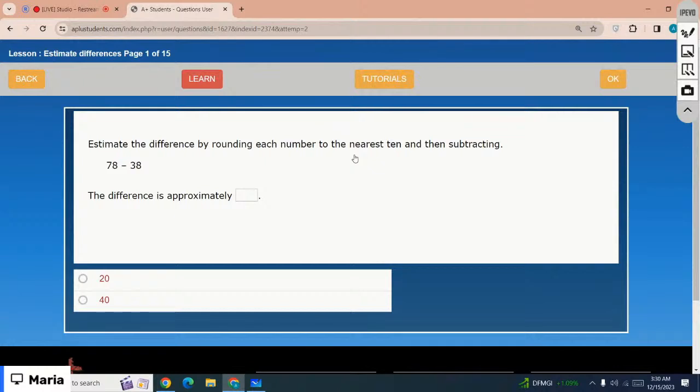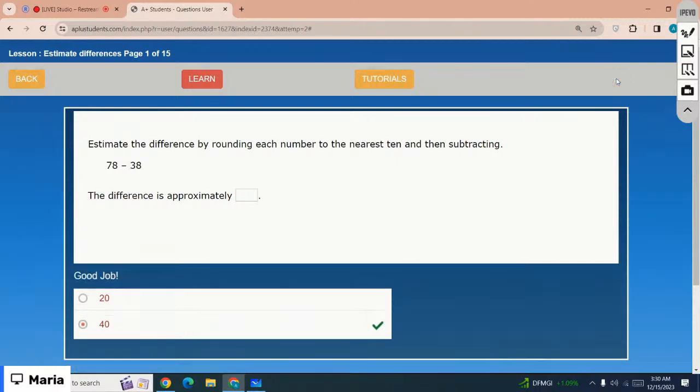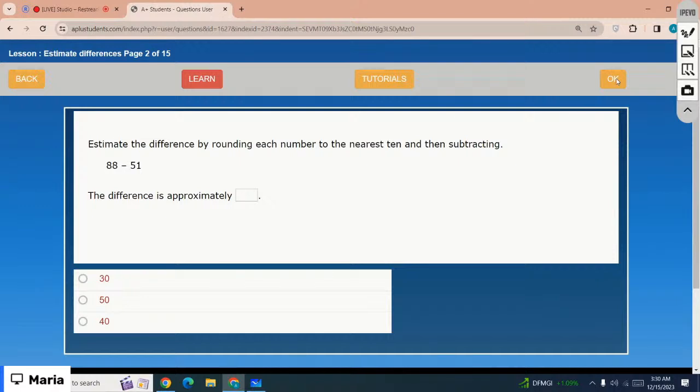78 is rounded off to 80 and 38 to 40, so that is 80 minus 40. So the correct option is 40. Okay, the next one is estimate the difference by rounding each number to the nearest 10 and then subtracting.